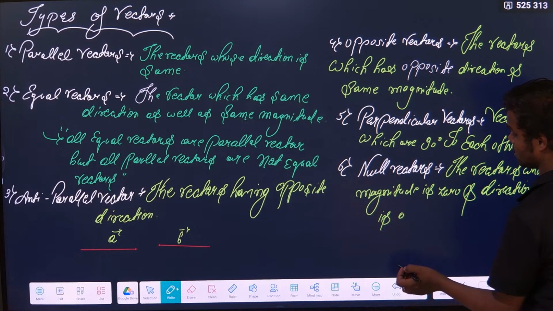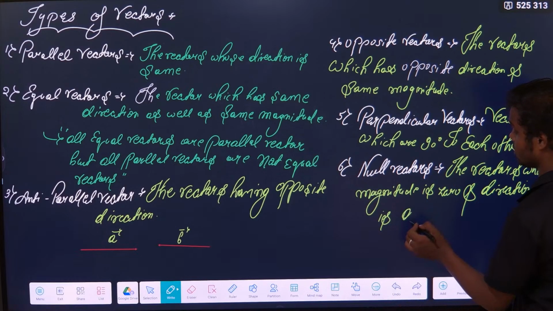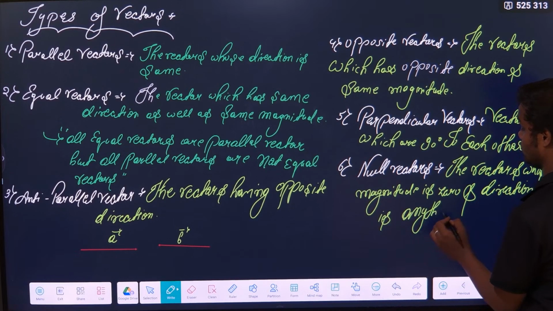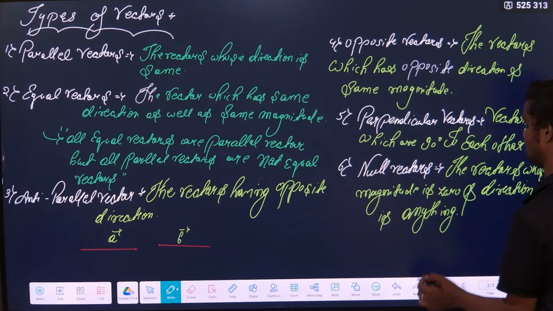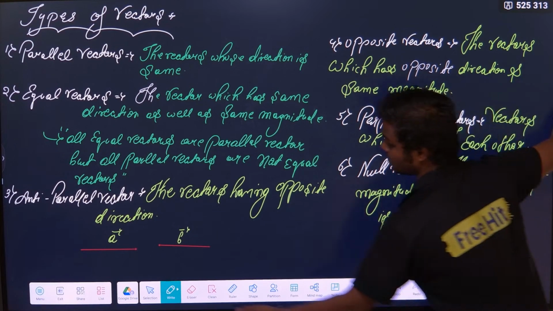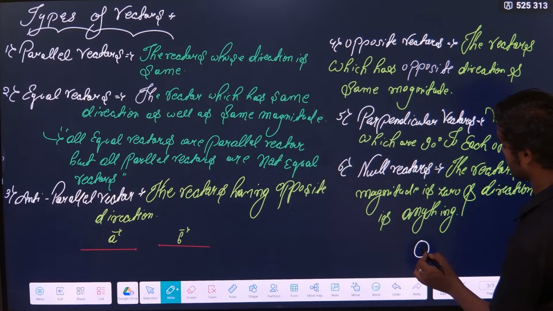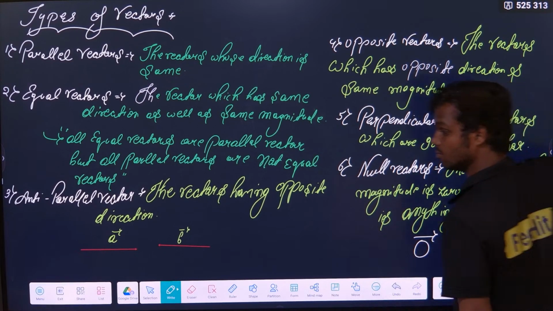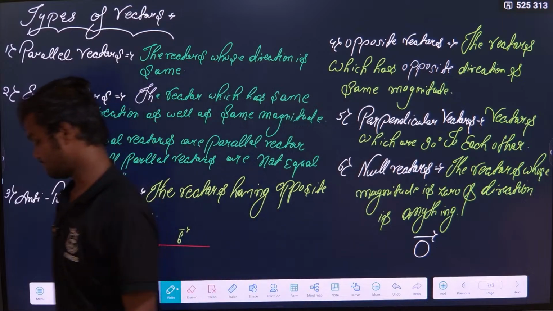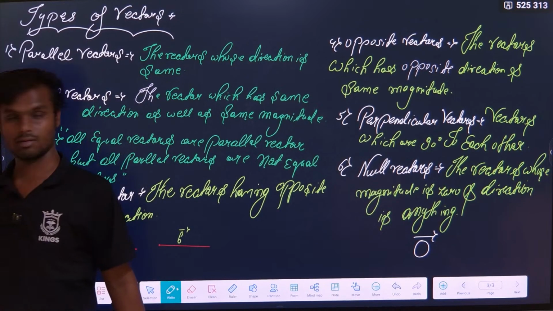Better to say anything, that will be easier for me to write. That is called a null vector, like this. Null vector, simple. Are you getting my point?